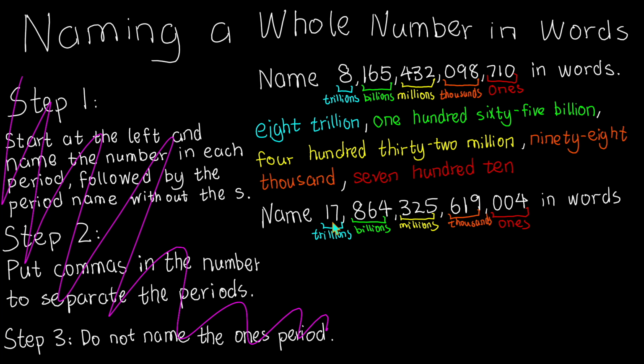And we'll start with this number, which is at the left of this whole number. So this number is 17. And the period is trillion without the S. And let's add the comma now. And this number is 864, and the period is billion without the S. And remember the hyphen here.